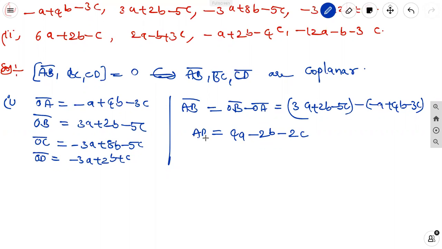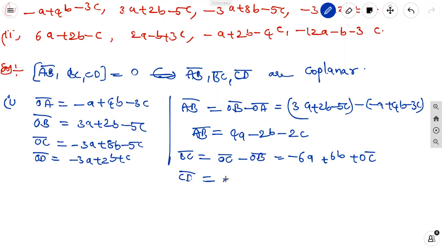It is AB. BC equal to OC minus OB. That is minus 3a minus 3a, it's minus 6a, plus 8b minus 2b, plus 6b, minus 5c plus 5c, it's 0c.